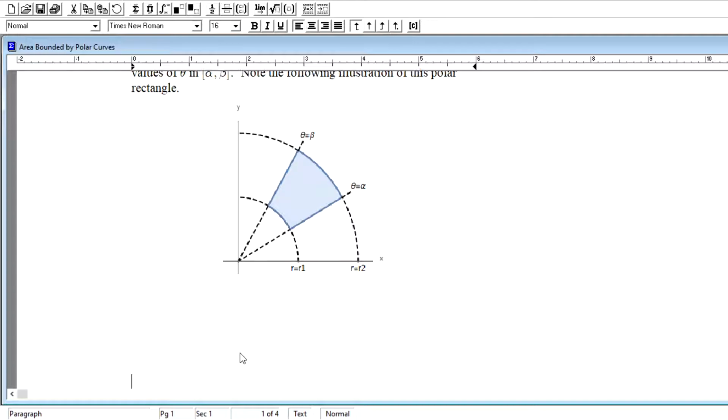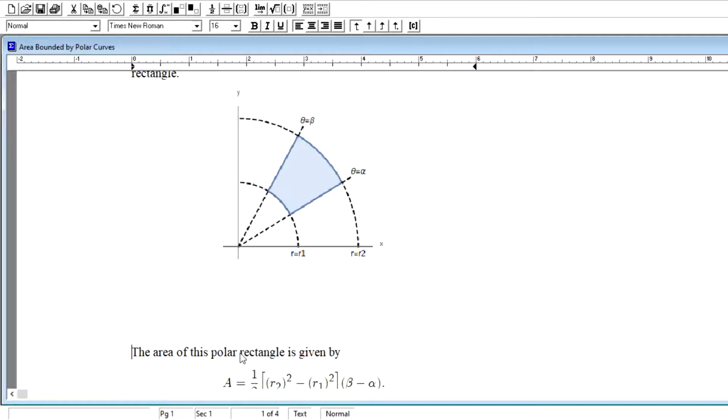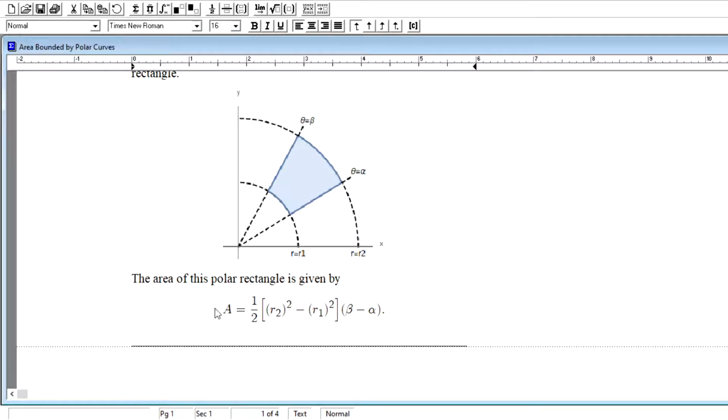And if we set up that difference of two areas, right? That difference of the area seen in the larger sector, which would be 1/2 r squared times the size of that angle measurement, theta. And there the size of our angle is going to go from alpha to beta, so we calculate that as beta minus alpha in size.